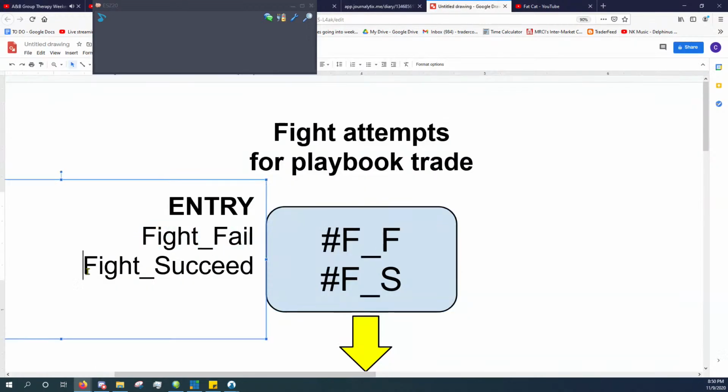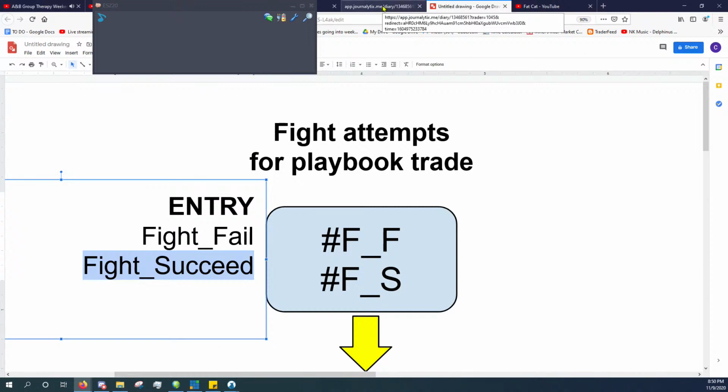Now, if I had fought for it and the playbook trade didn't work and I broke even or took a little bit of profit, it would be a success. But if I lose money on it, it's a failure. That's just how it is. So this gauges how well I'm managing my initial hits. Am I taking losses on the initial hits, or am I taking little wins or break evens?